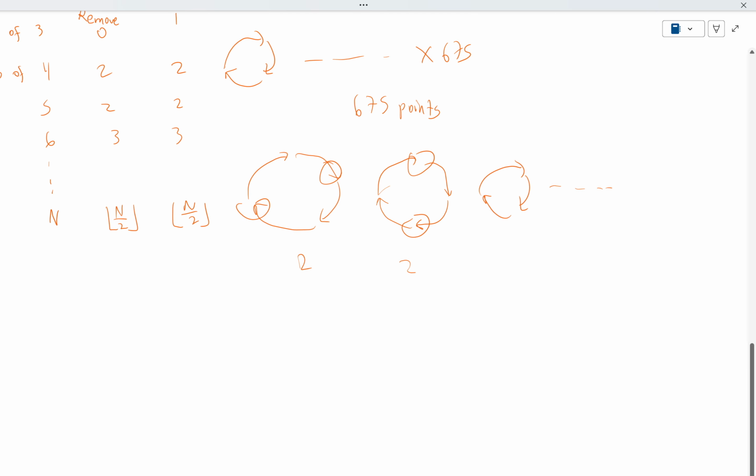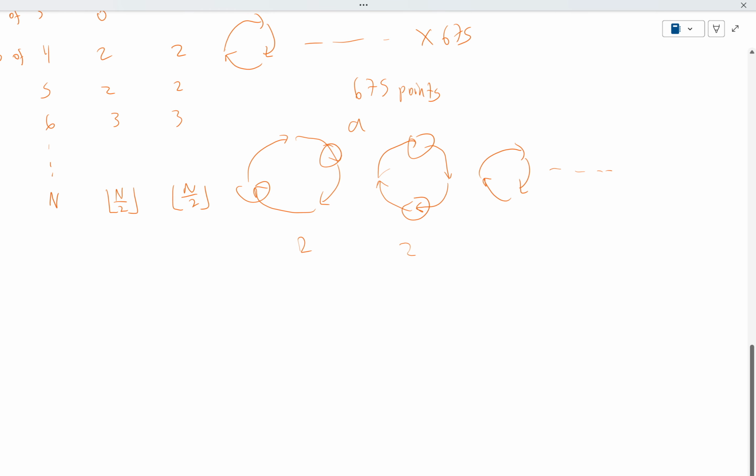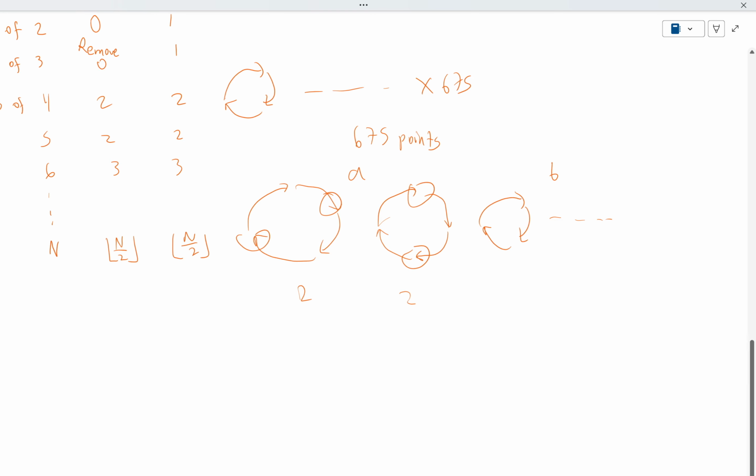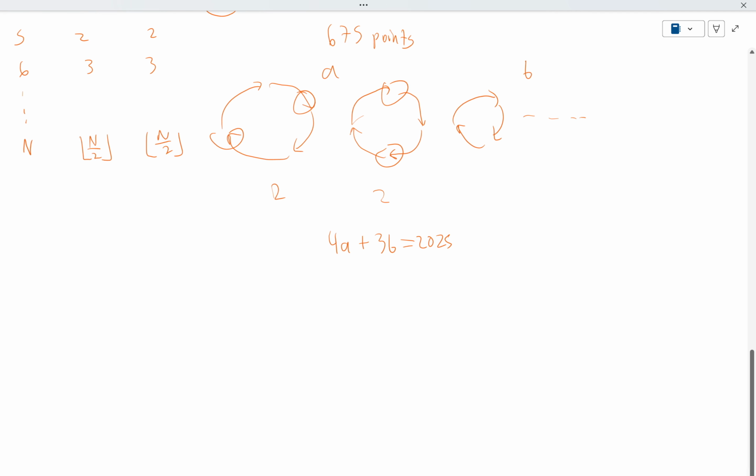So now, if there are A groups of 4 or above and B groups of 3 or below, realistically the students are never going to make groups of 2 because Veronica is going to get 1 point. And if they make groups of 3, Veronica is also going to get 1 point, right? So that means 4A plus 3B must be 2025 because there are 2025 students by default, right?